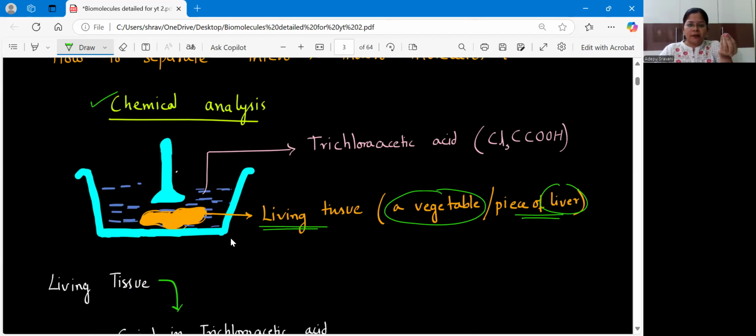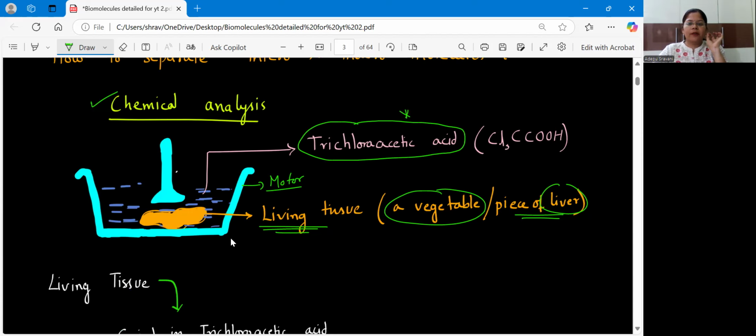So you have to take this living tissue and put it in a mortar. Now this is a mortar. What do you mean by mortar? Mortar is like a grinder, and we have a pestle. Like mamas grinding the chutneys and everything. That kind of vessel we use is called a mortar. So put that living tissue in the mortar. Along with this living tissue, you have to put something called trichloroacetic acid.